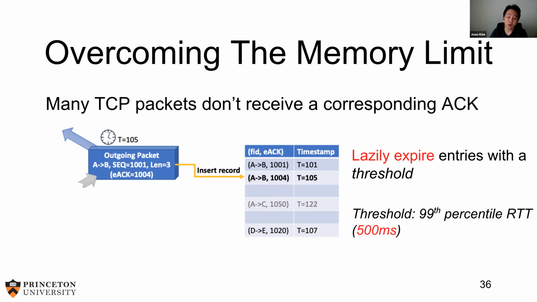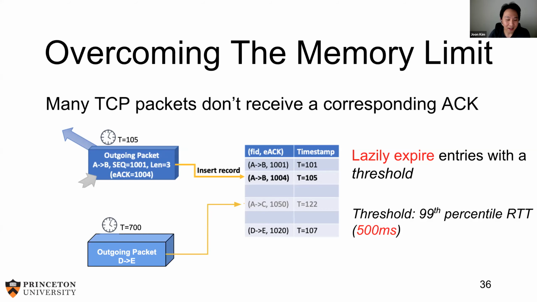So we have a technique to lazily expire entries with a threshold. What that means is, let's say an outgoing packet comes in and another outgoing packet comes in, and it sees an entry, but there's a hash collision because it's filled up, or there's generally just a hash collision. We will look at the threshold, and if it's over the threshold, then we will kick out that entry and put the new entry in.